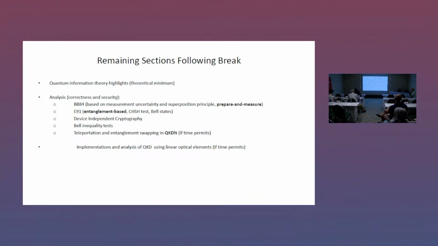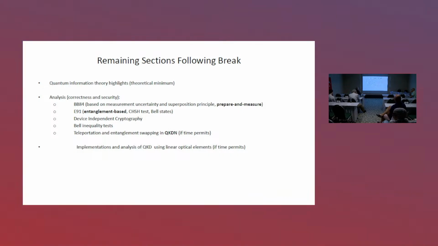Another important aspect would be implementation of all these protocols using linear optical elements, like lenses, mirrors, polarizing beam splitters, delay elements. These are all linear optical elements.